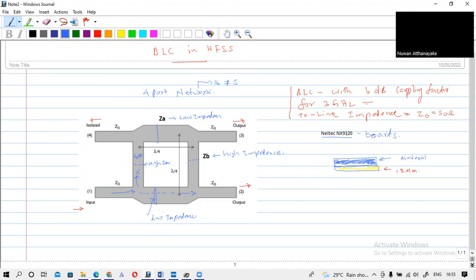Dielectric NX 9320 means we are using this dielectric material here, so the substrate is named after the material. Different materials have different properties.